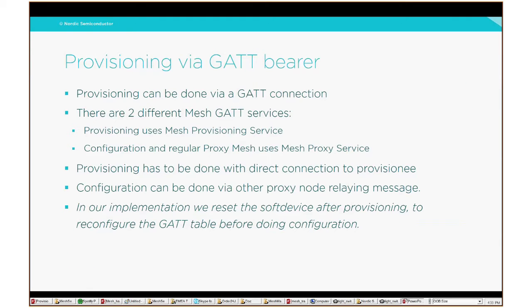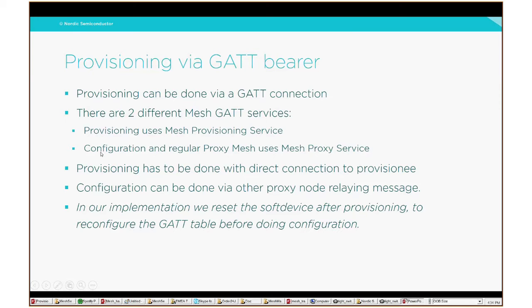Those steps I just talked about were using the advertising bearer. Those steps can also be done via a GATT connection, a Bluetooth Low Energy connection, using a GATT service. There are two different mesh GATT services. One is the mesh provisioning service, and the second one is the normal proxy, called the mesh proxy service.